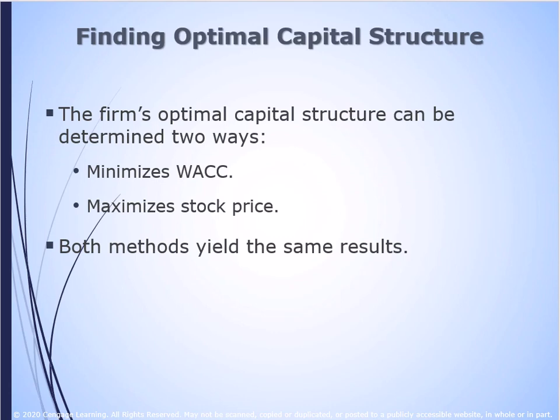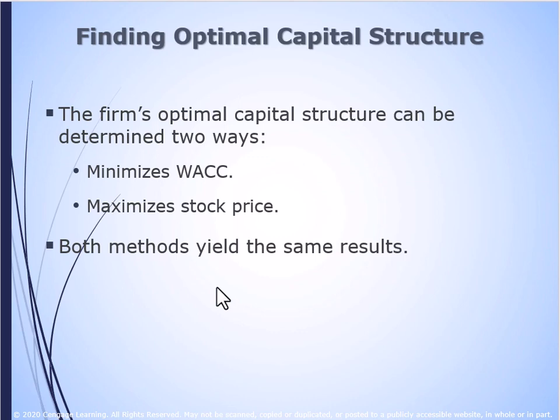Well, in this final video on capital structure, let's see if we can complete the question. The question here is, how can a company find its optimal capital structure? Now, the optimal capital structure can be figured out two ways.